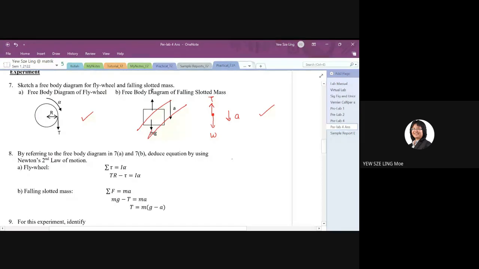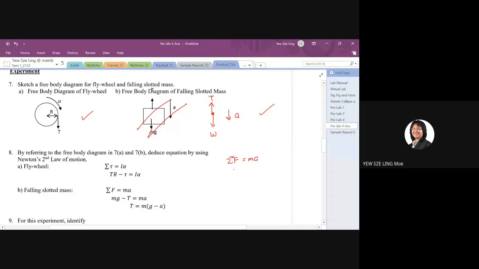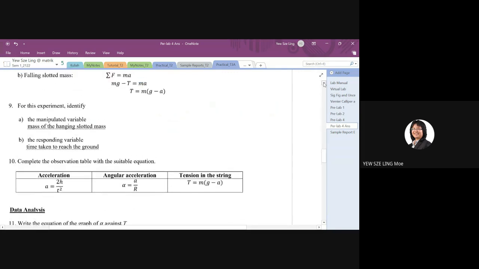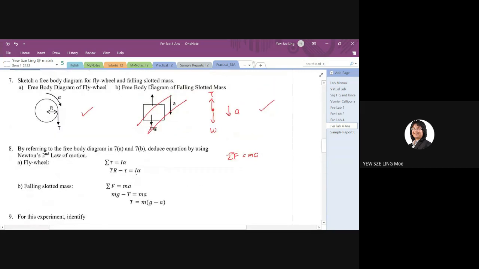It's just like your summation of F equals MA. You replace F with torque, M with I, and A with alpha. So as usual, you substitute the I alpha here, and then TR minus torque. So you have a rotational motion.